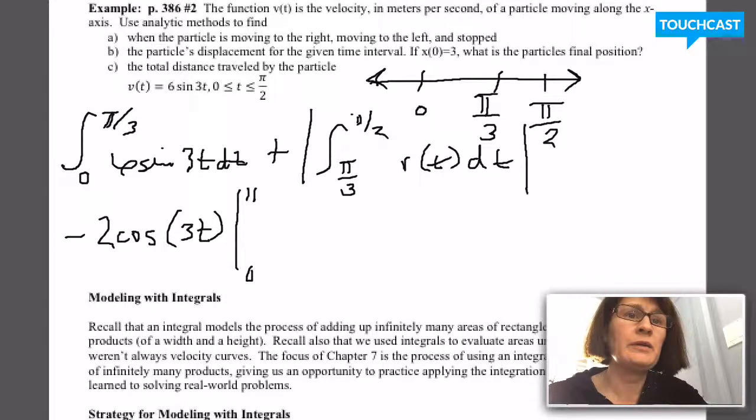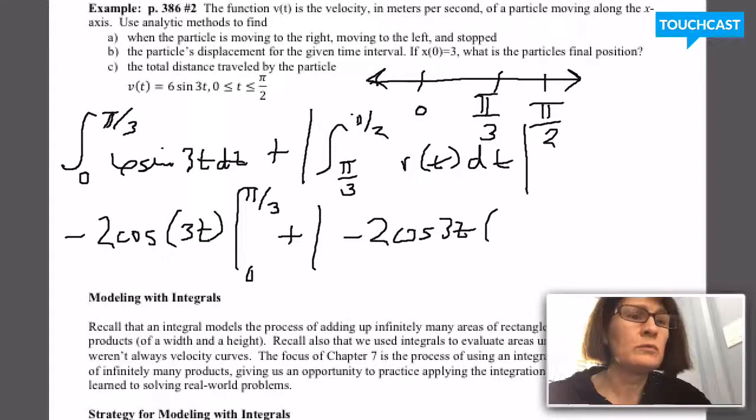0 to pi over 3. And then I'm going to add the absolute value of negative 2 cosine 3t from pi over 3 to pi over 2.